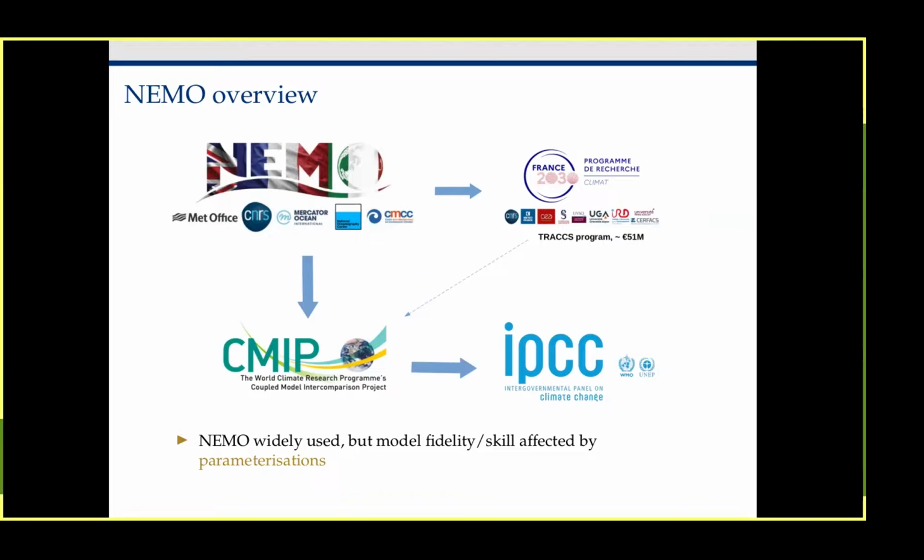So my point here is that most of the skill in the modeled ocean ultimately depends on the parameterizations. If you fix parameterizations, then you can improve the ocean model response or the simulated variability, etc. And these would end up having impacts at the policy level through these CMIP exercises.